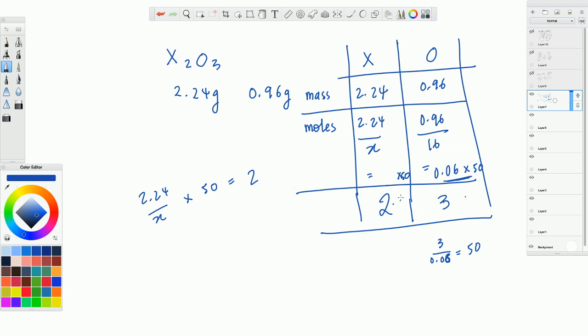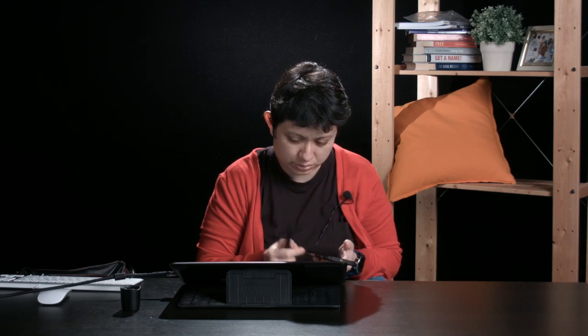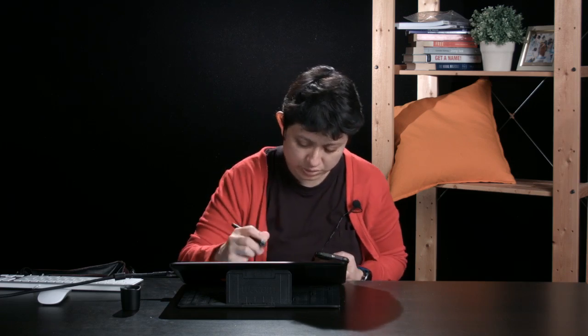So this gives you x equals to 2.24 times 50 over 2. So you get 56. So the relative atomic mass is 56.